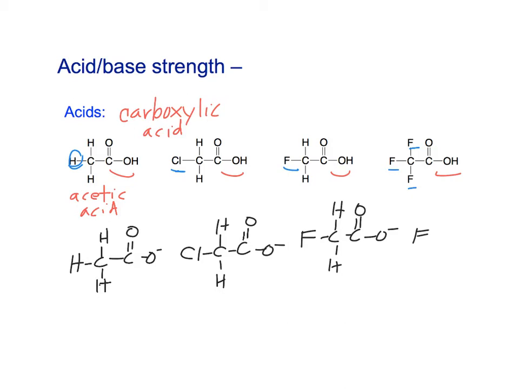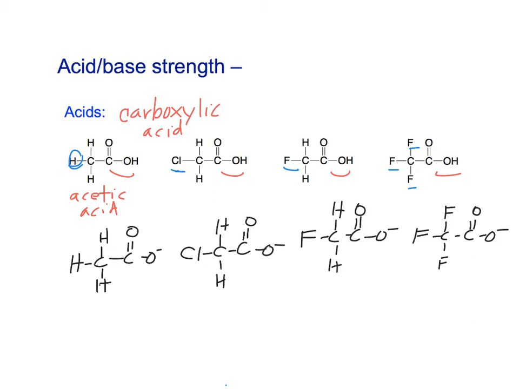And this one would be trifluoro. Okay, conjugate bases. So which of these would be more stable? Well, we're not sure. Let's go back to writing out the pKa values. That'll tell us which one's more stable. Well, it'll tell us which acid is stronger, and the stronger acid gives us a more stable conjugate base.